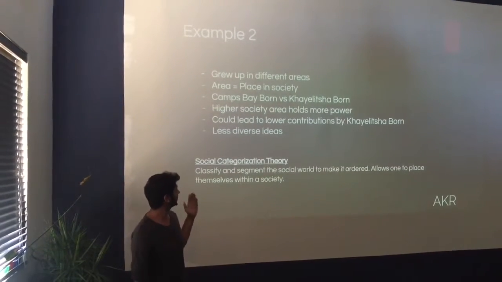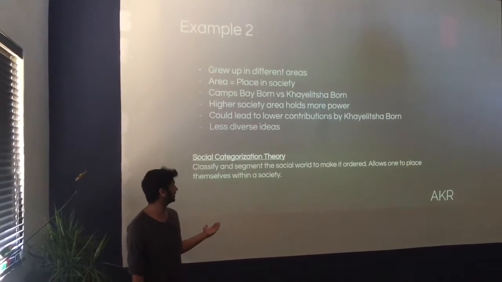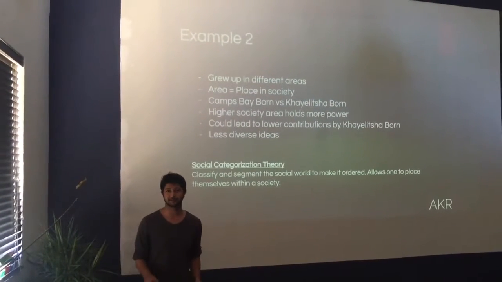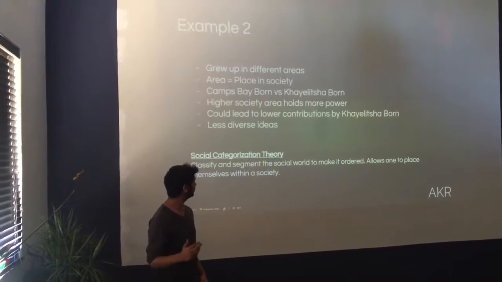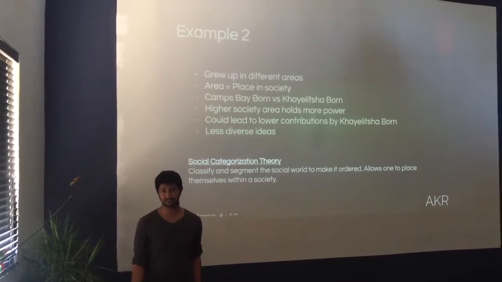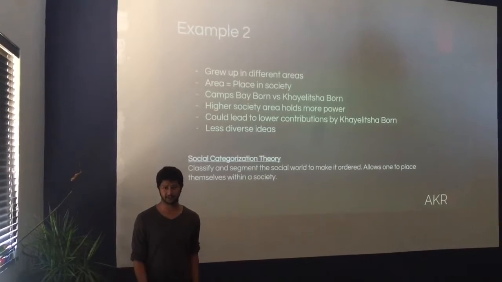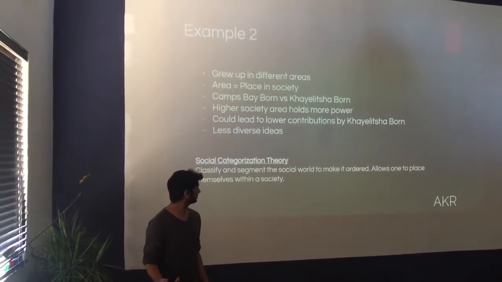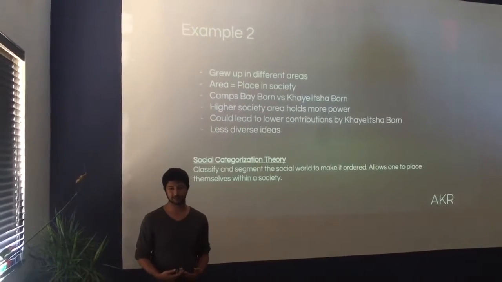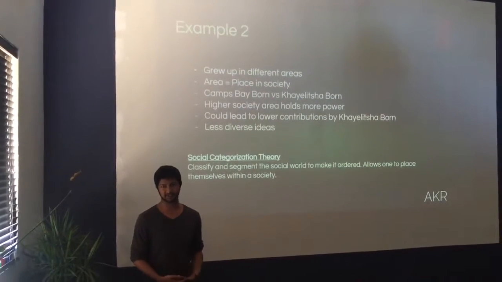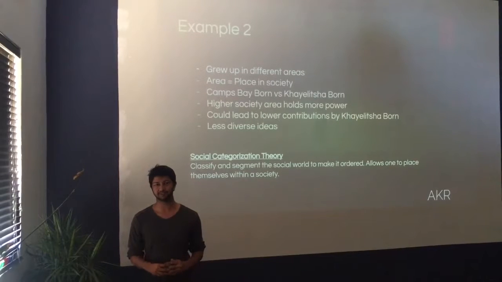So here, our example is Camps Bay born versus a Khayelitsha born. Since Camps Bay is seen as a wealthier area, you might feel like you're in a higher place in society. So you feel like you hold more power in the team, while the Khayelitsha born person will feel like they have less power in the team. This leads to the Khayelitsha born displaying fewer ideas and contributing less in the team, which again negatively affects teams entirely.